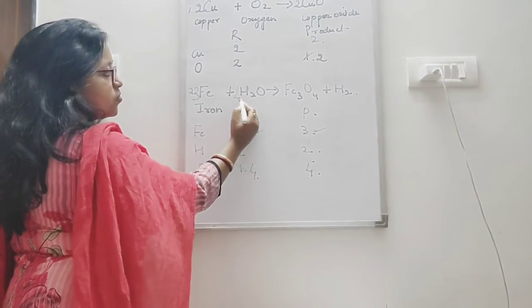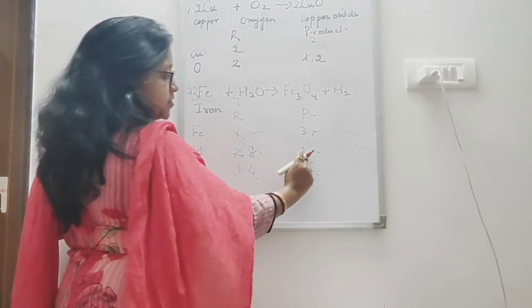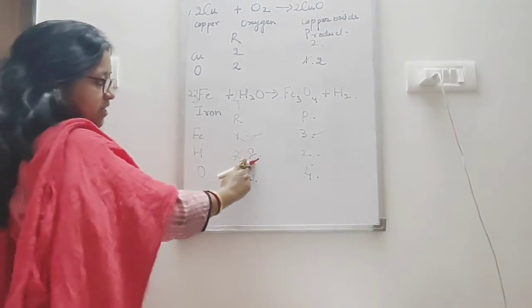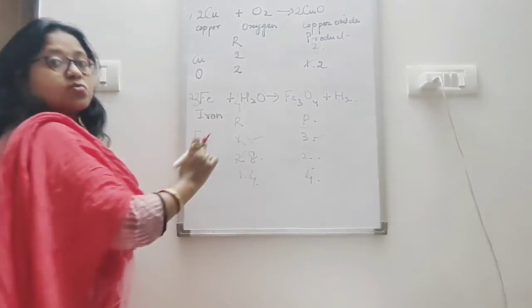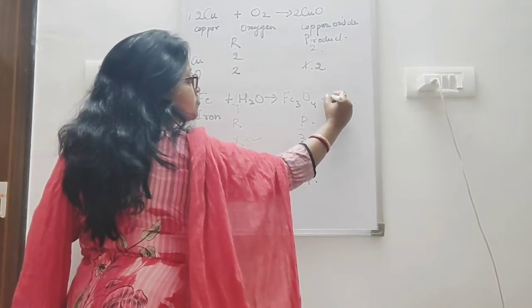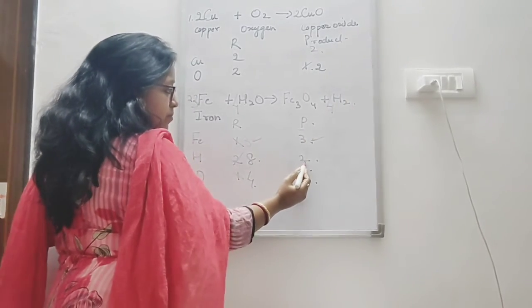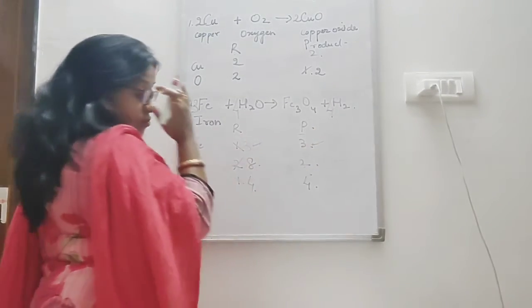So oxygen is balanced now, but the hydrogen is not balanced. Hydrogen here becomes 4 times 2, which is 8, and here in the product side it is 2. So we have to insert a 4 here. How do we convert this 2 into 8?